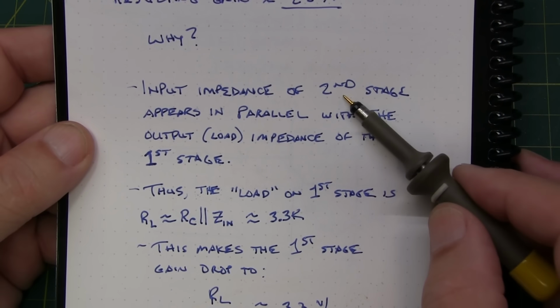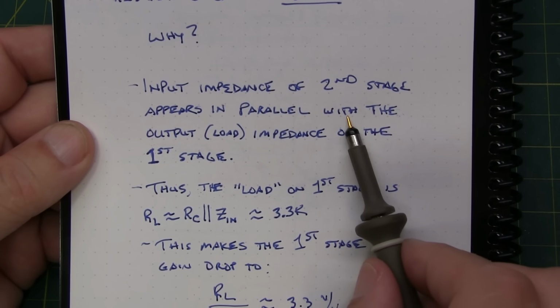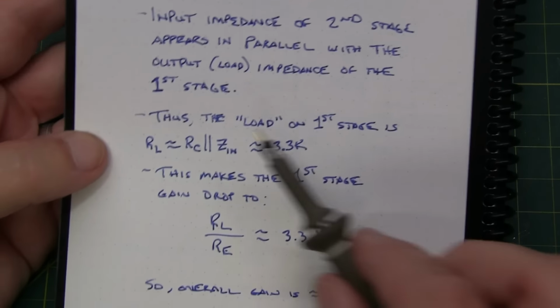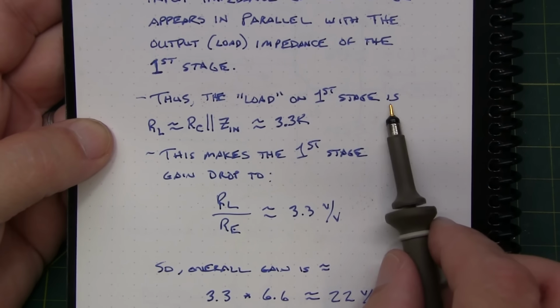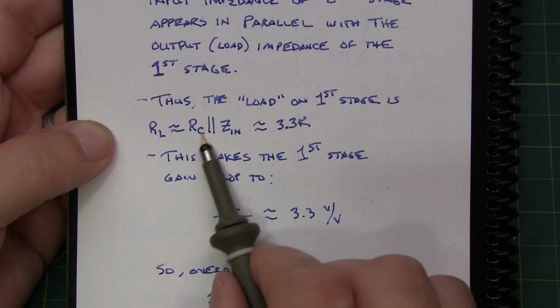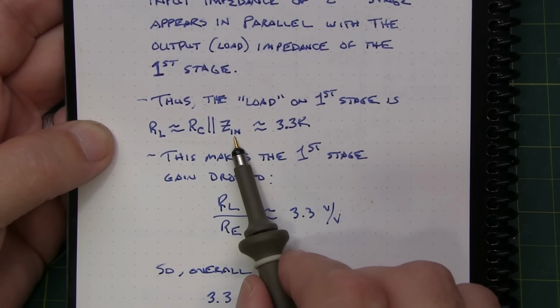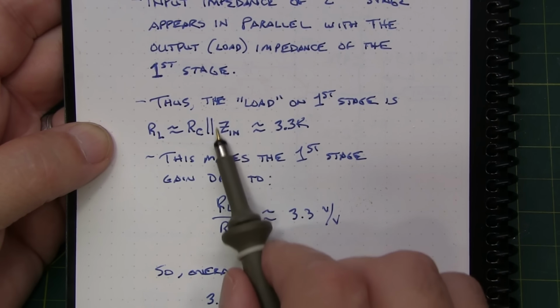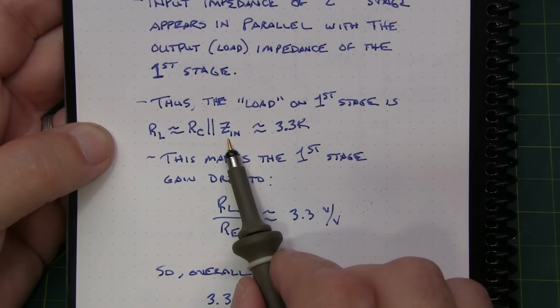Well, the input impedance of the second stage effectively appears in parallel with the output impedance of the first stage. Thus, the load that the first stage sees is really the collector resistor in parallel with the input impedance of the second stage. So again, that's that 6.8 k ohm resistor and the 6.5 k ohm input impedance of that second stage.